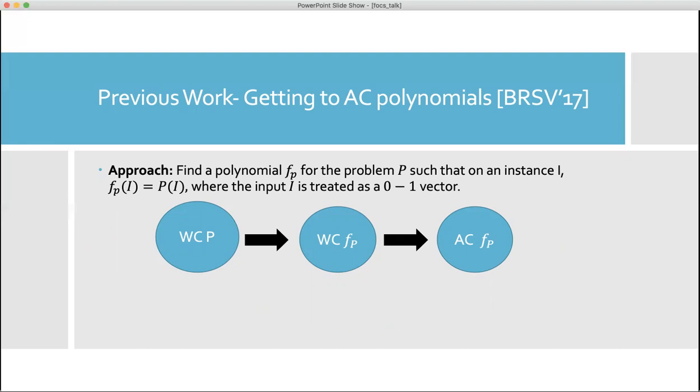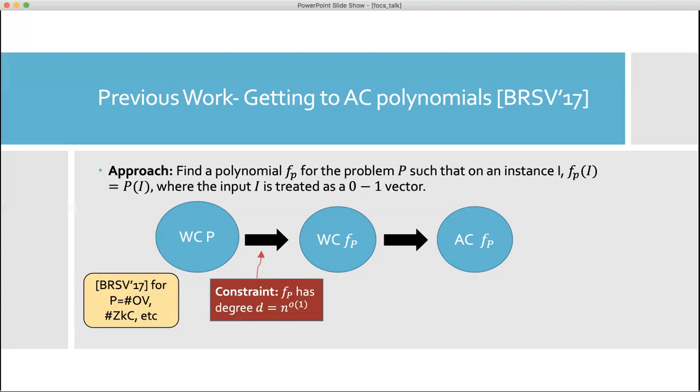What they did was that for a problem P, they found a polynomial f_P such that on an instance I, which is represented as a 0,1 vector, f_P on I equals P on I, or in other words, f correctly represents P. They found this polynomial for a bunch of problems like counting OV or counting zero k-clique, with a constraint: this polynomial should be of low degree, so its degree should be n to the little o of 1.